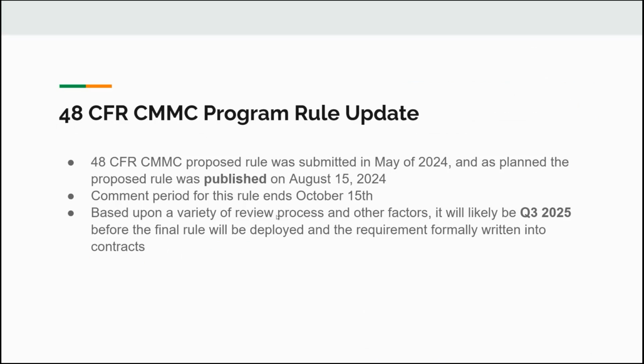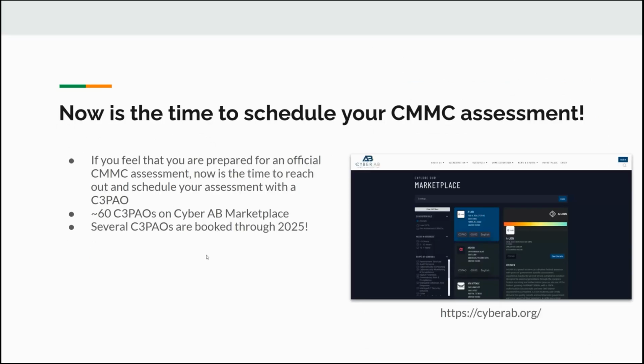In 32 and in the proposed 48, they outline that DoD is going to have a phased approach, because some of the comments we've gotten, of course, are about the limitation that there are only so many people that can perform assessments. Isn't there going to be a bottleneck, and is there going to be enough? So in terms of the phased rollout with 48, they're going to have basically a 4 or 5 year plan.